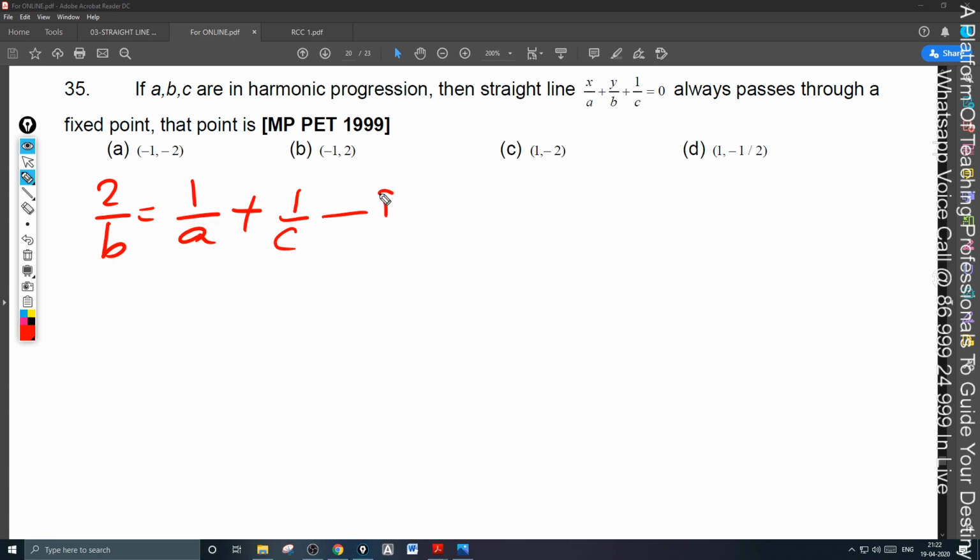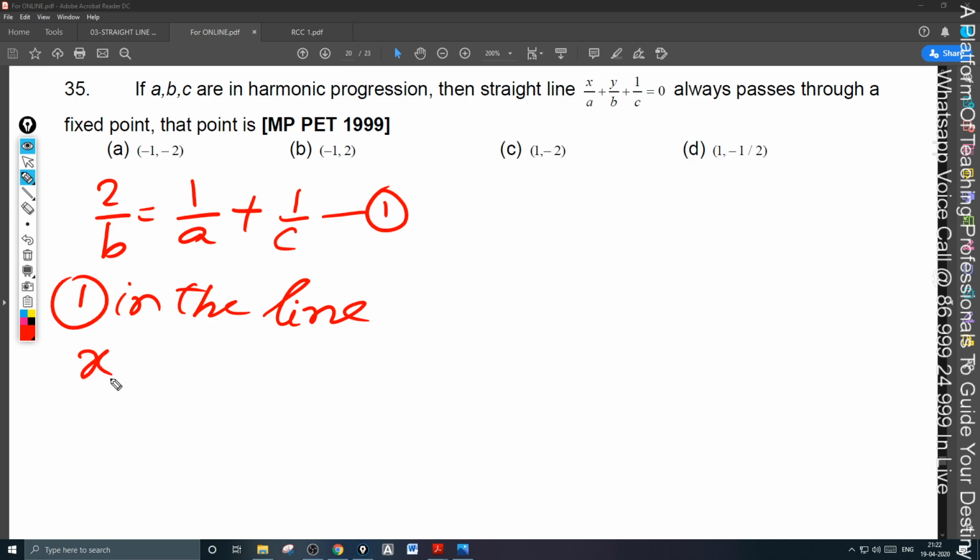Now, this is a condition given. Now, this straight line, substitute. Let us replace 1 by c, x by a plus y by b.